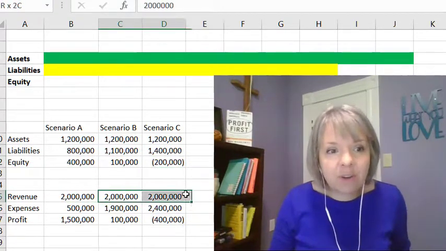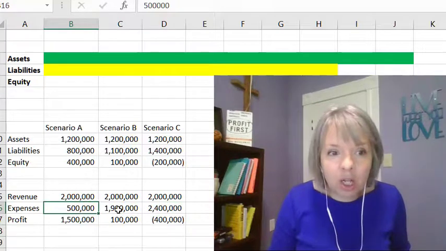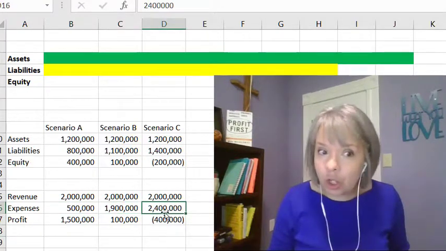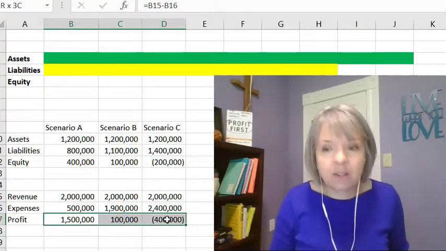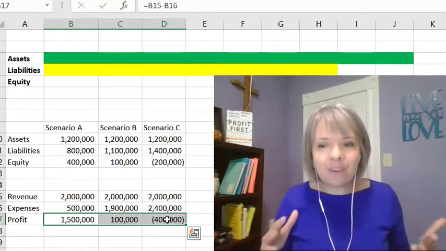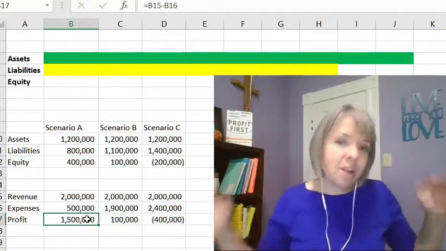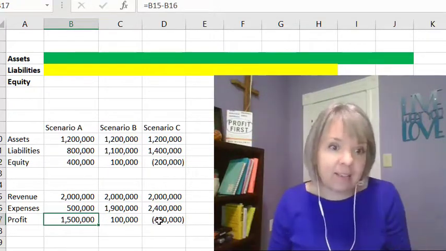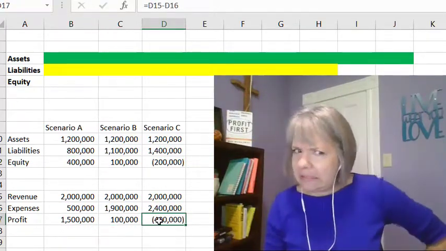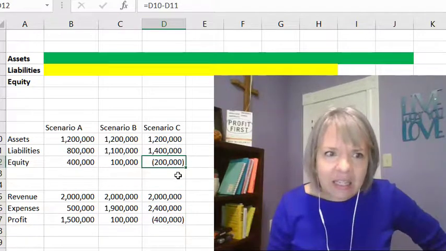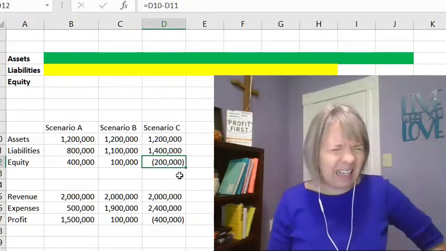Their revenue is the same across. Their expenses are small, big, huge, and then the profit. Now, even with this information, we might look at this equity and go, that's awesome, or this profit and go, woohoo, or this loss and go, ooh, buddy, or this equity and go, ouch.